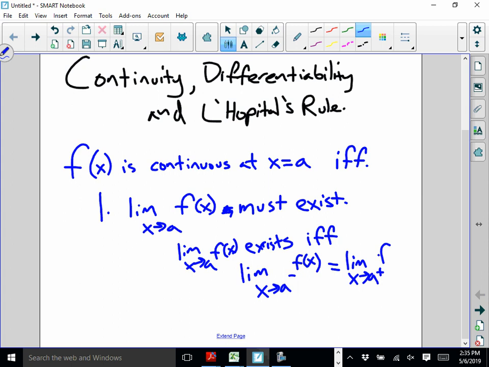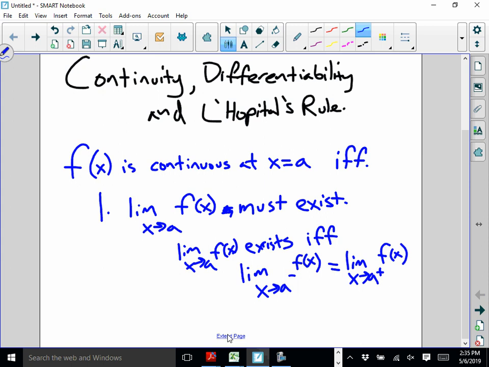On the free response section, there's a possibility that you might have to prove that something is continuous. The notation is going to be very, very important there. Make sure you're very comfortable writing left-hand limit notation and right-hand limit notation to show that the limit as x goes to a of f of x exists. Okay? So that's the first one.